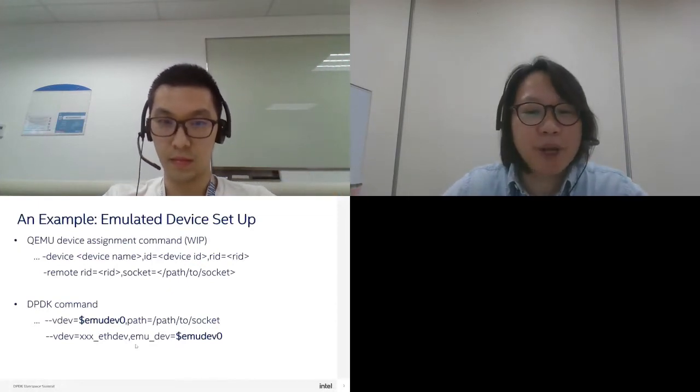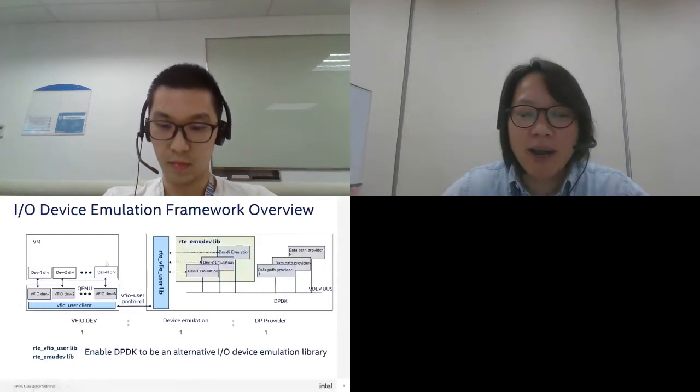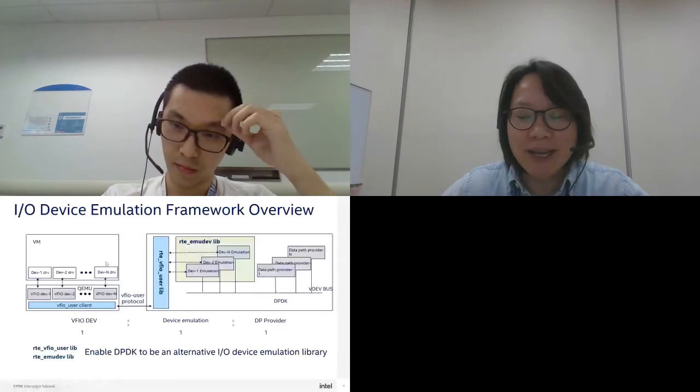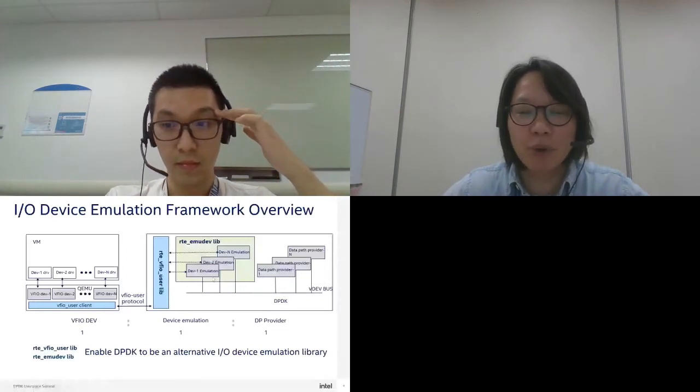So this picture shows the device emulation solution overview. At the left-hand side, it shows the QEMU process. At the right-hand side, it shows the device emulation process with the DPDK library.